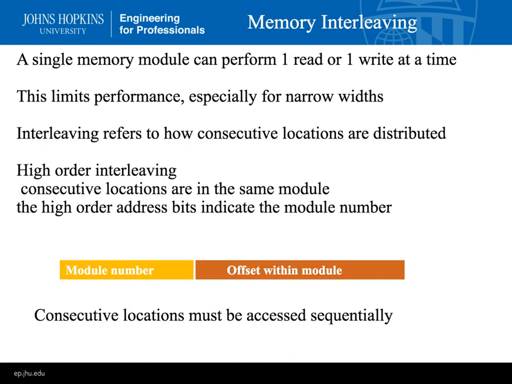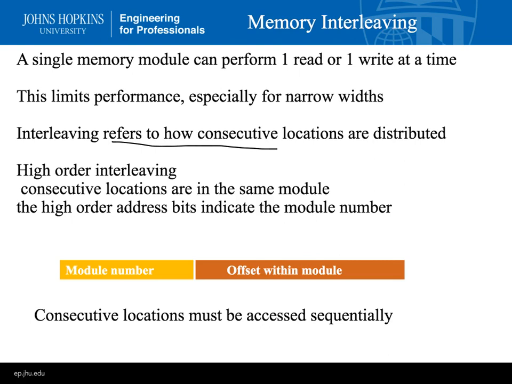So we also have memory interleaving here. A single memory module can perform one read or write at a time. And interleaving refers to how consecutive locations are distributed. If you were going to read 2 in a row from an array, maybe you want to be able to get that quickly.